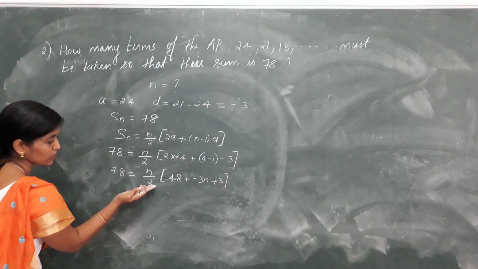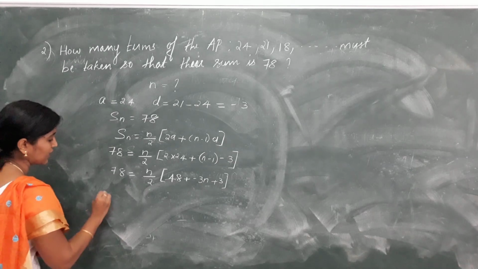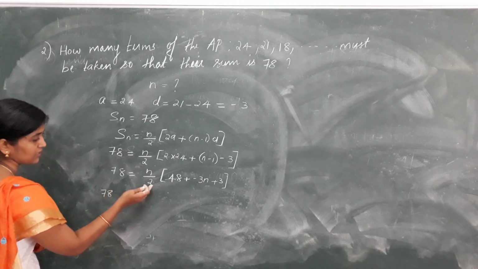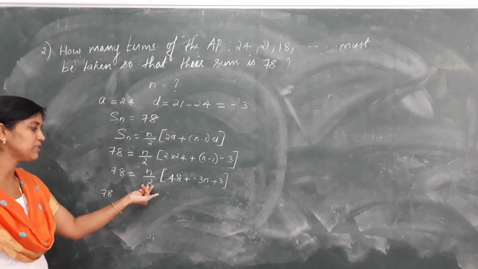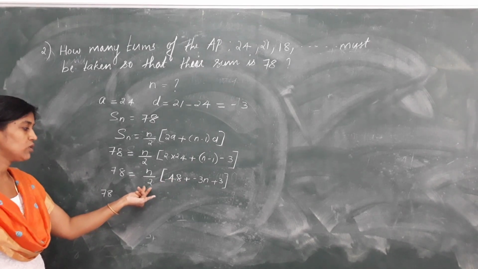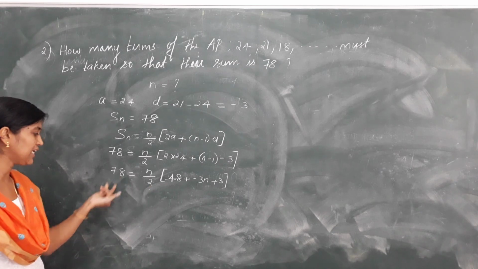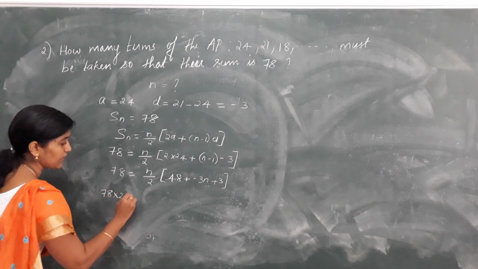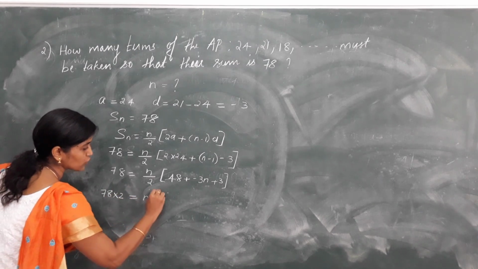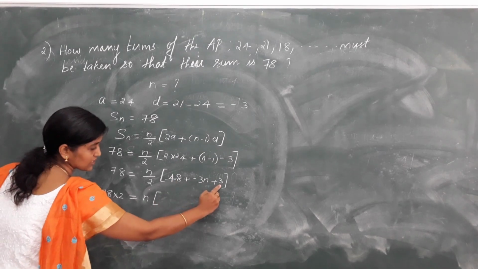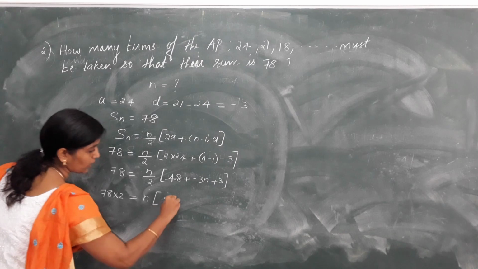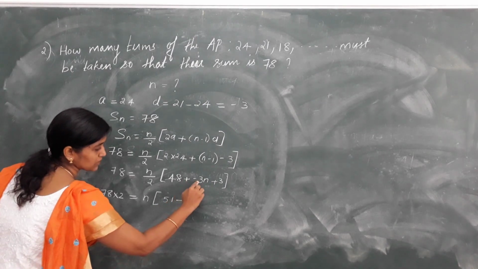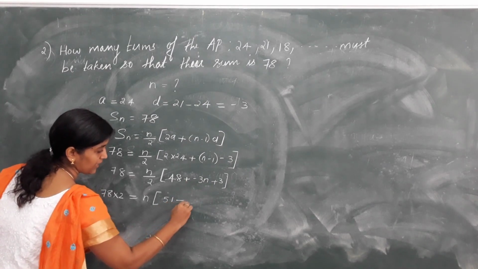Again we can transpose this 2 to this side. So you get 78, and transposing this 2, since it is common outside, you get 78 into 2, that is equal to n into, now again you can do the calculations here: 48 plus 3 is 51, and positive and negative becomes negative, minus 3n.